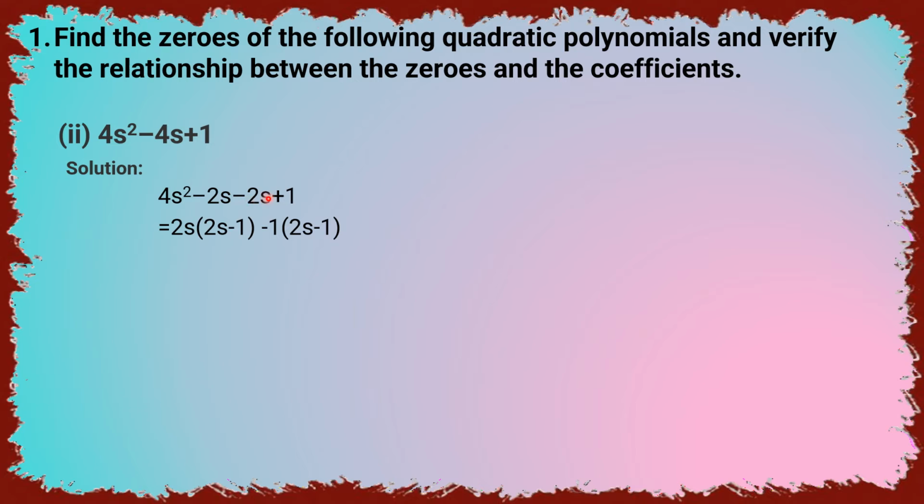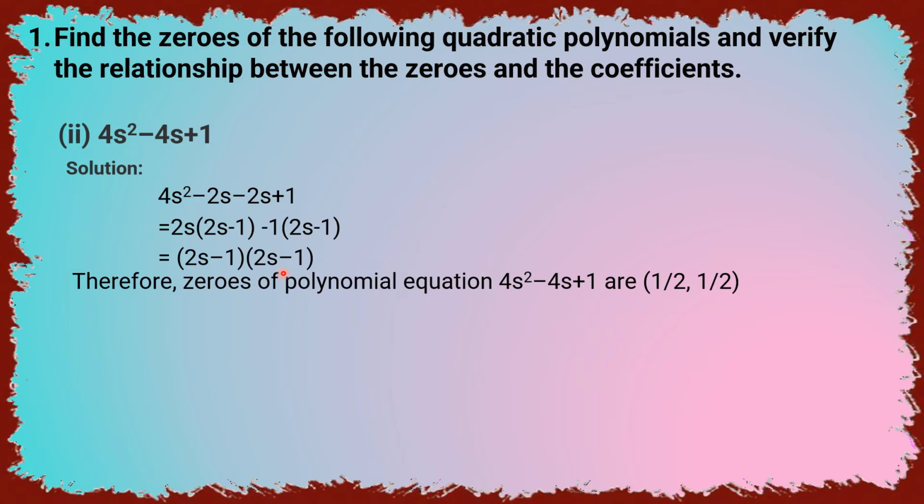So if you take minus 1 outside, this sign will become minus 2s minus 1. Now here 2s minus 1 is common in these two terms. So take outside, we get 2s minus 1, 2s minus 1. So s is equal to 1 by 2, 1 by 2 are the zeros.